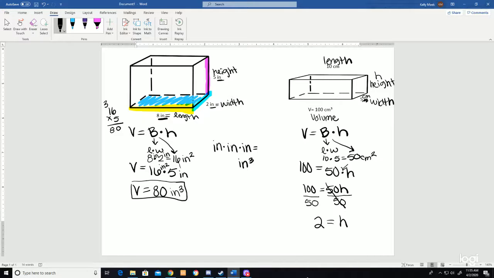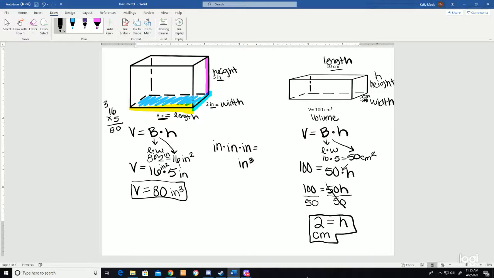For our lengths, widths, and height, the units they were using were centimeters, so we are going to have 2 centimeters. It is not centimeters to the third power. It's not centimeters squared, because it is one of my side measurements. So it is just normal centimeters.